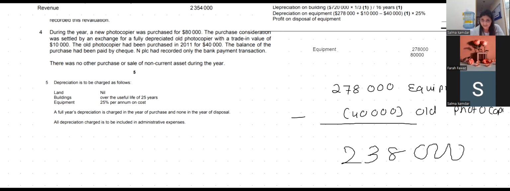The photocopier purchase price was how much? 80,000. And this you have replaced, right? You purchased the photocopier and you've replaced it by the old photocopier.